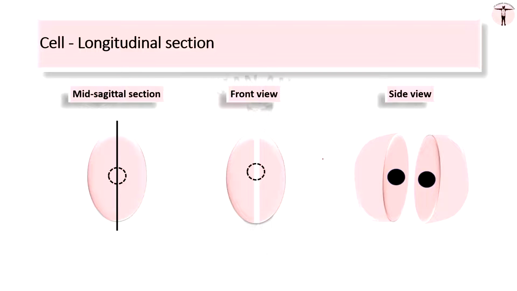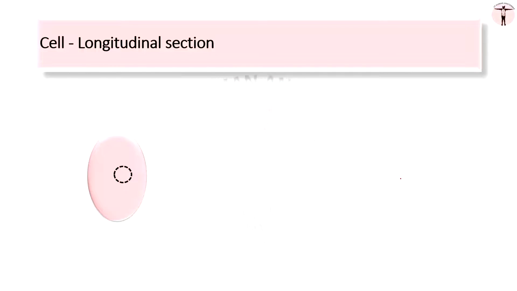This plane, going through the mid plane, is called the mid sagittal section, and we can see a large round nucleus on either side of the section.